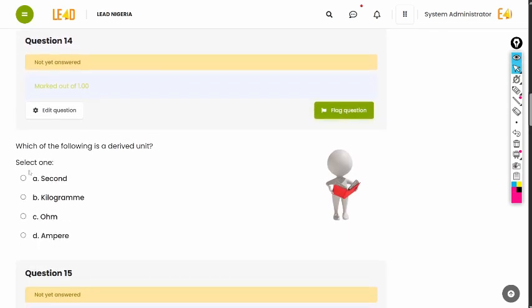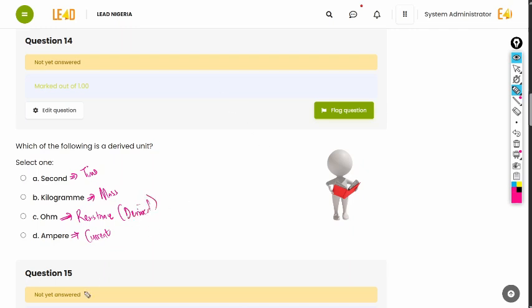The next question says, which of the following is a derived unit? Second is for time. Kilogram is for mass. So these are fundamental. Ampere is for current, also fundamental. The correct option is ohms. Ohms is for resistance, which is derived.